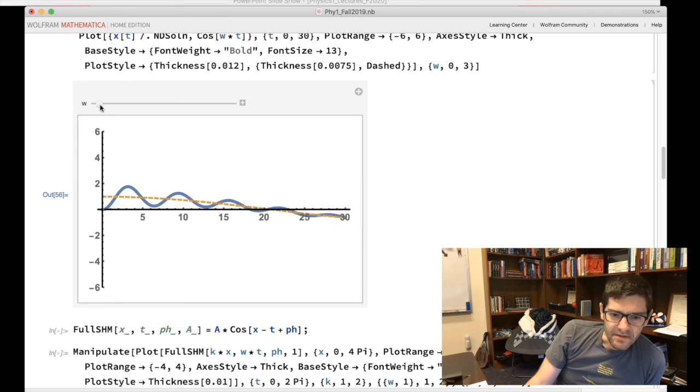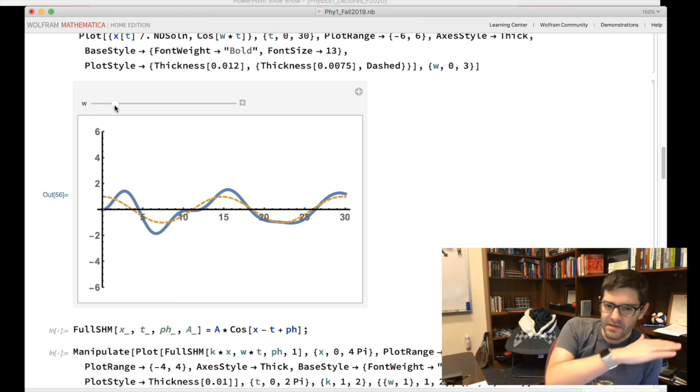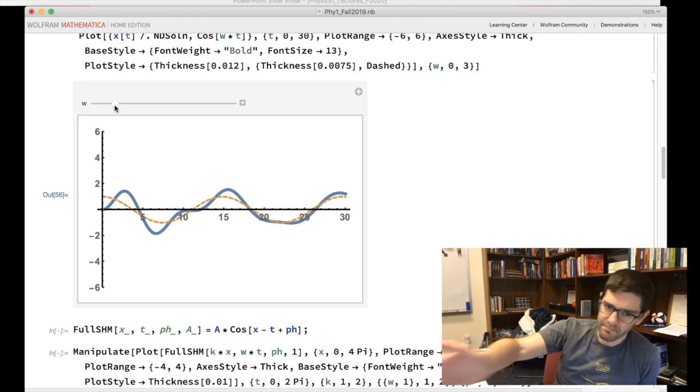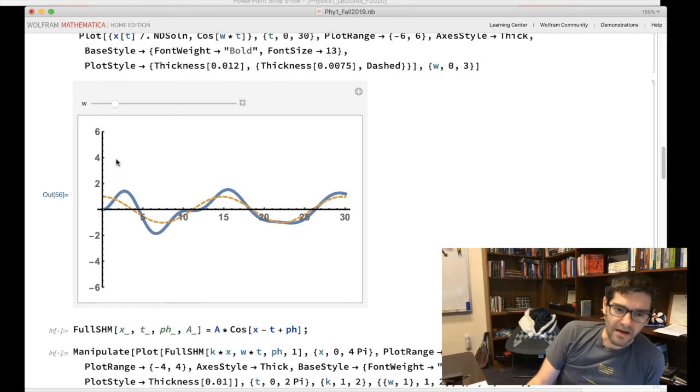Now if I change how I drive the system, so here I'm doing very long, gradual pushing and pulling, pushing and pulling very slowly on the system at a frequency that's much lower than the natural frequency.